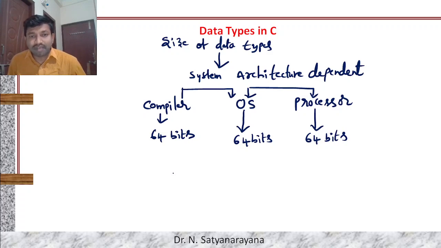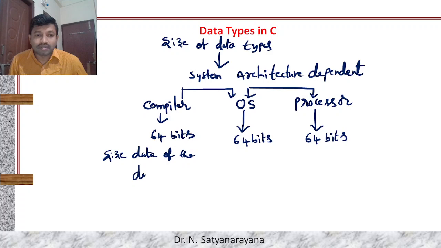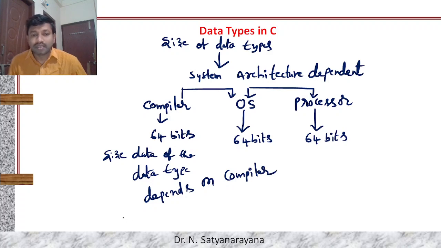That is the reason why data type memory allocation mostly depends upon the compiler. So I can say the size of a data type depends on the compiler.